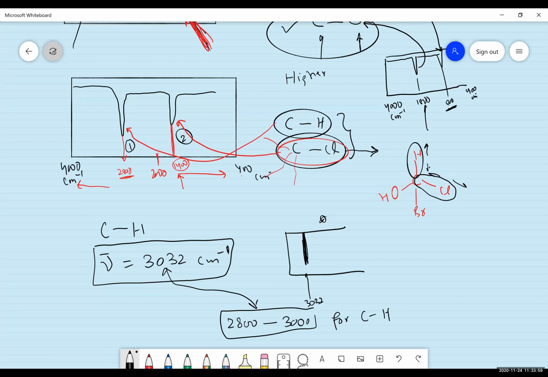Because the bending and stretching will be affected by neighboring environment. So that's why it's not always exactly the same value for CH or the same for CO. It'll be close. It'll be within a range. Okay. Does that answer your question? Yeah, it makes sense. I assume it gets more complicated when it comes to polarity and if it's a ring structure and all that.